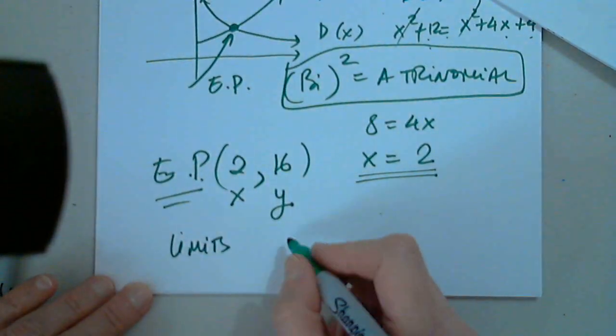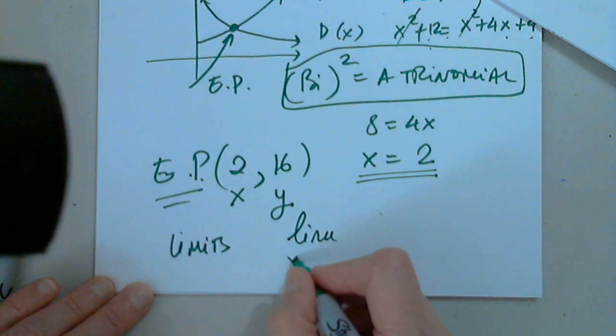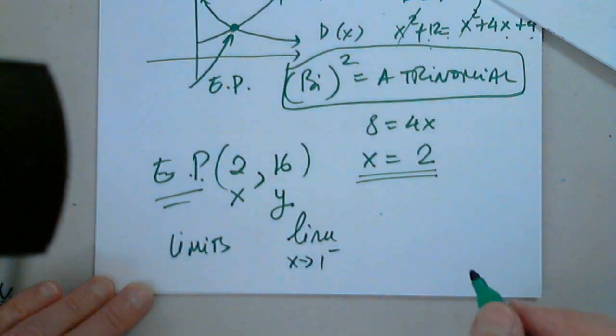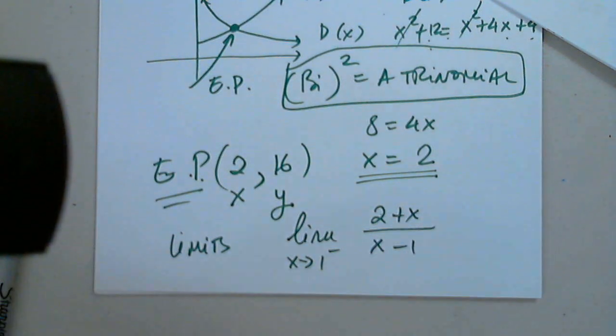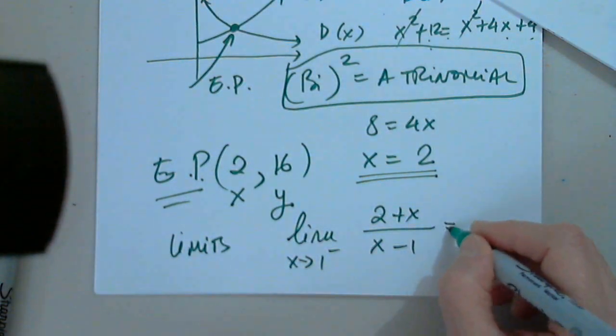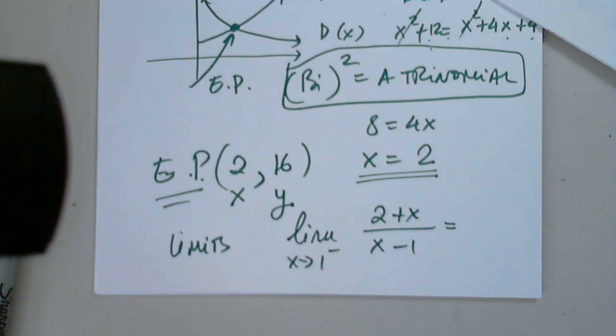So let's look at a limit. Limit as x approaches 1 from the left, of 2 plus x over x minus 1. When we're asked to find the limit, what is the first thing we need to do? Always.